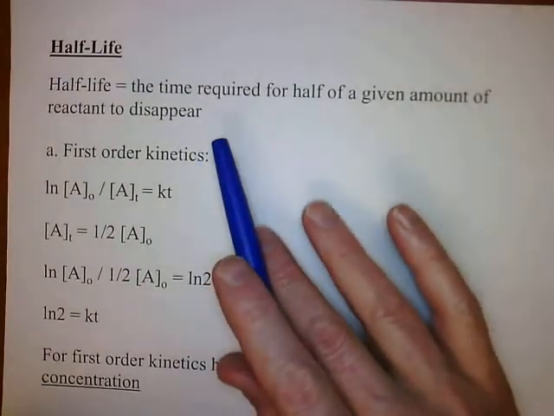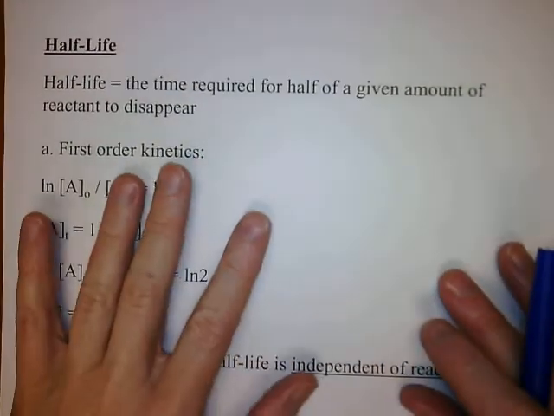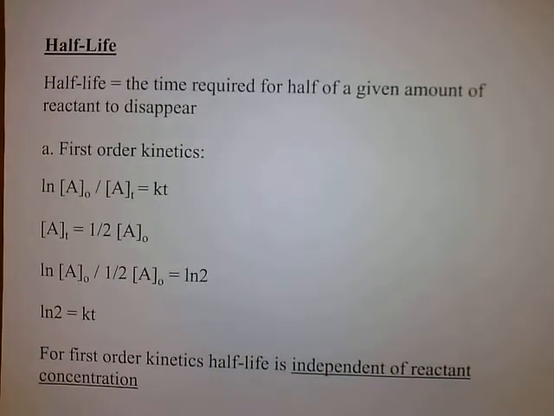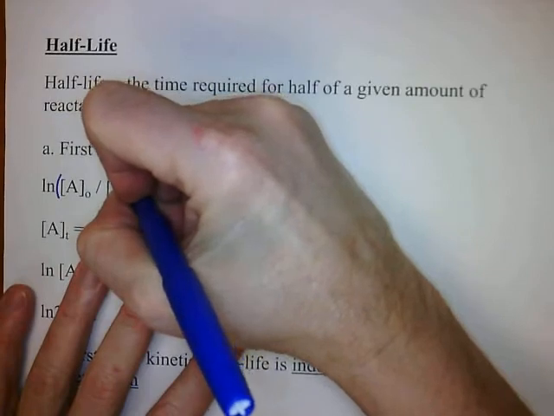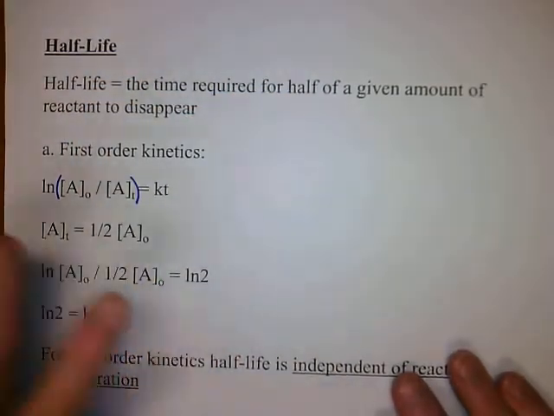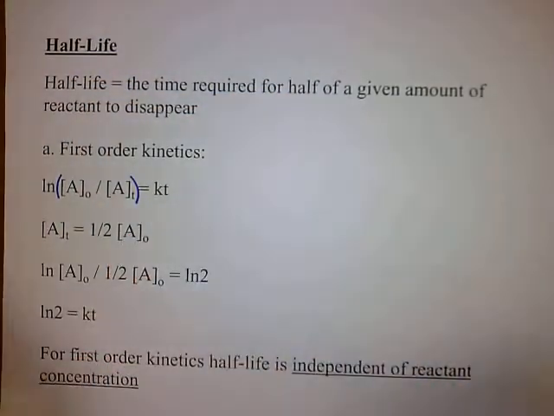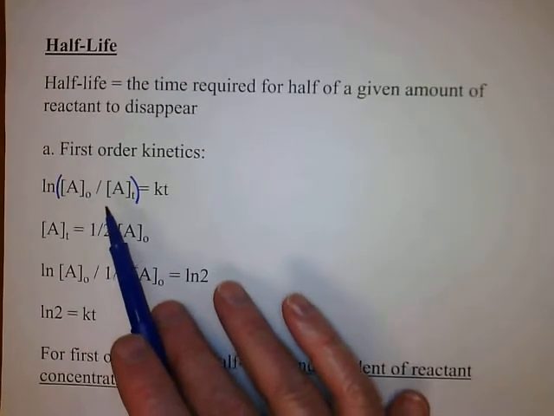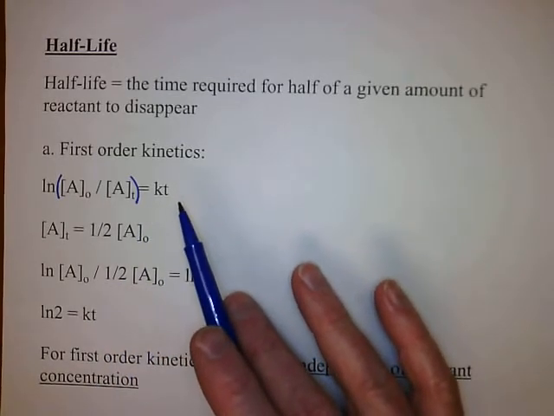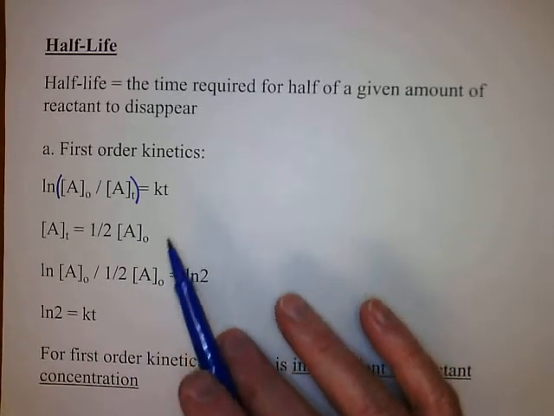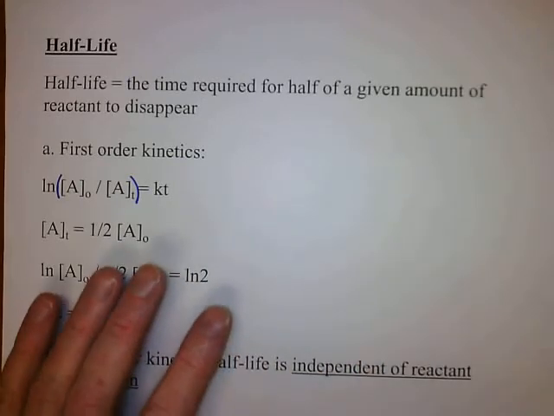So first of all, first order kinetics follows this equation, that the natural log, and one more time, it's the whole ratio. So it's the natural log of the ratio of initial concentration divided by concentration at time t is equal to KT. Okay, so let's derive this.